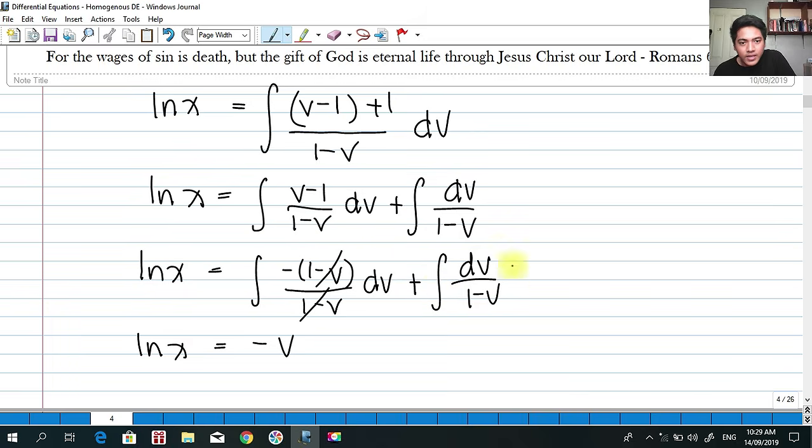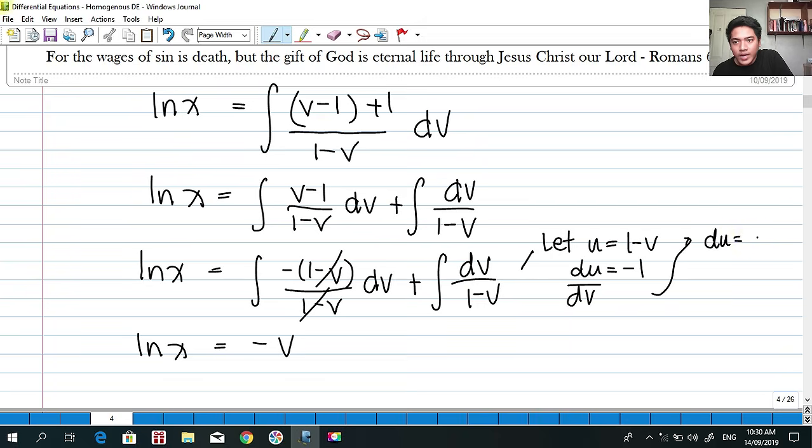In this integral, if we let u equal 1 minus v, du is negative 1 with respect to dv. It means that du is equal to negative dv. So I'm going to factor out negative dv here, with a correction factor of negative 1, so that we have negative ln of 1 minus v.